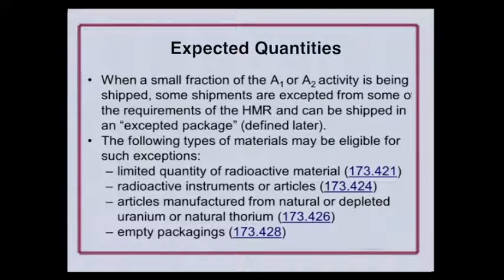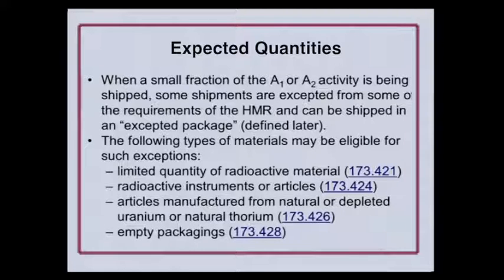Each one of those links takes you to a section of the reg that talks specifically about that type of material. Accepted quantities. That's on the very low end. Okay? Very low hazard, not much involved with it.